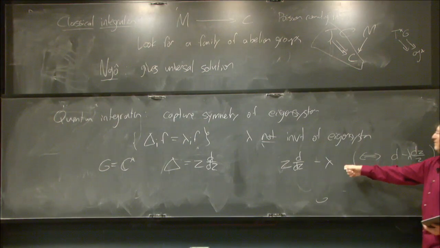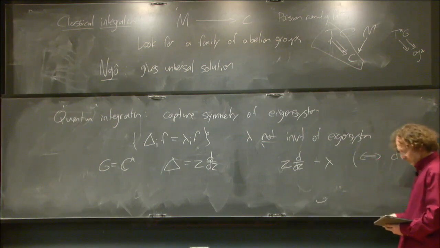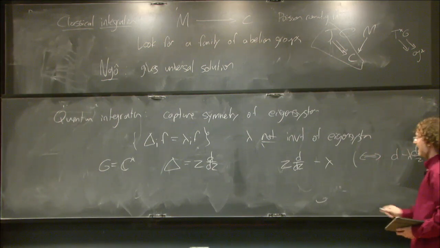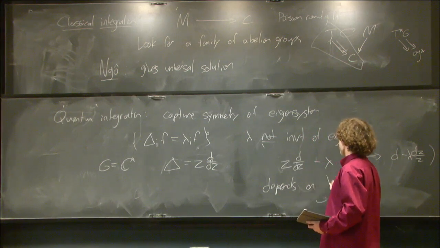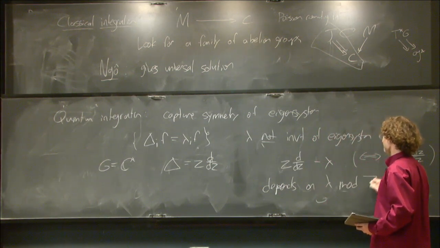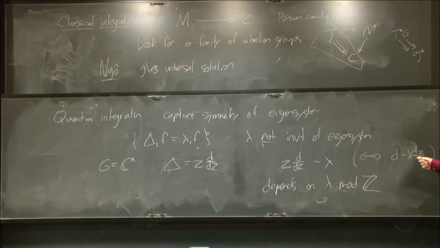And if you look at this system of equations, what you'll notice is that this system really depends not on lambda, but on lambda modulo translations. Or if you like, the invariant here is not this residue, but the monodromy, which is exponential of lambda times 2 pi i, whatever. So that's the fundamental invariant.